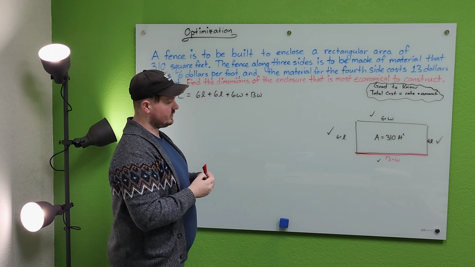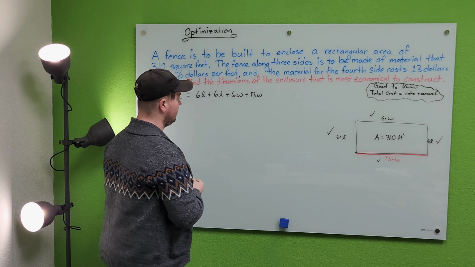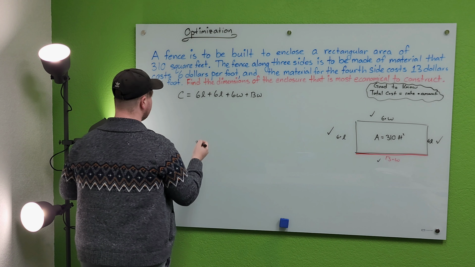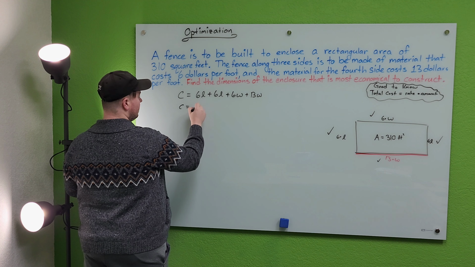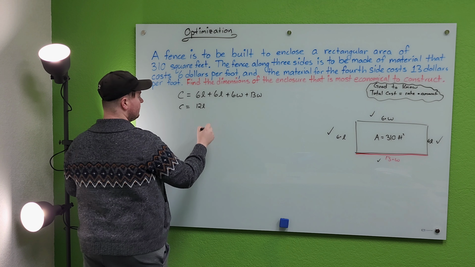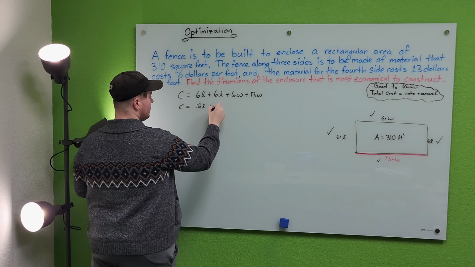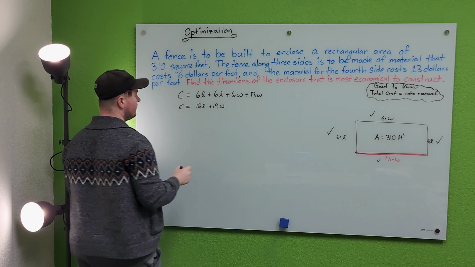I only put these check marks so I could account for the sides we have already put in the formula. So the total cost is going to be 12 times L plus 19 times W.